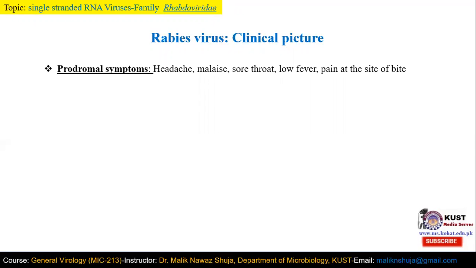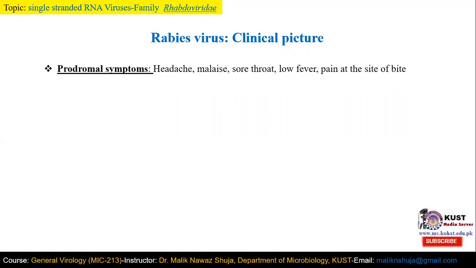The prodromal symptoms, which start appearing first, include headache, malaise, which means uncomfortableness or sickness, sore throat, low fever, and pain at the site of the bite.